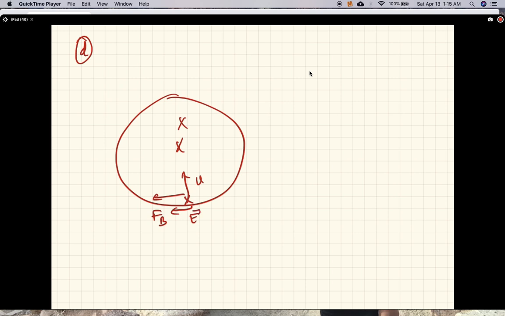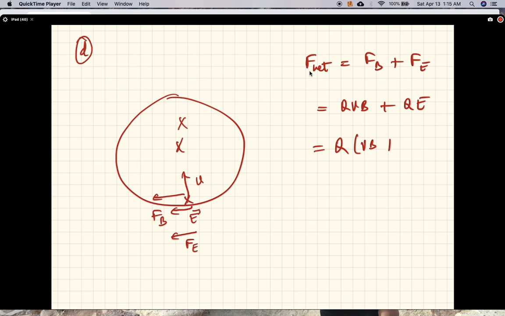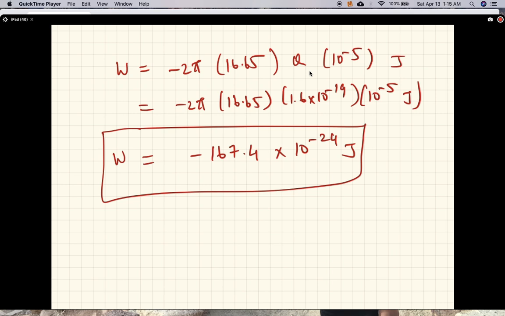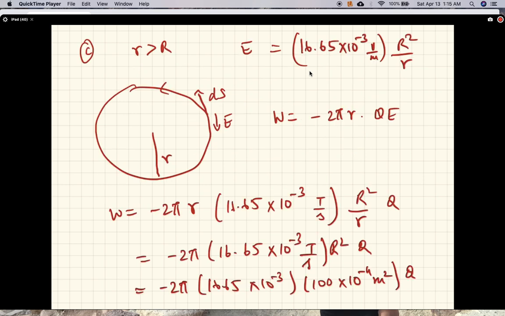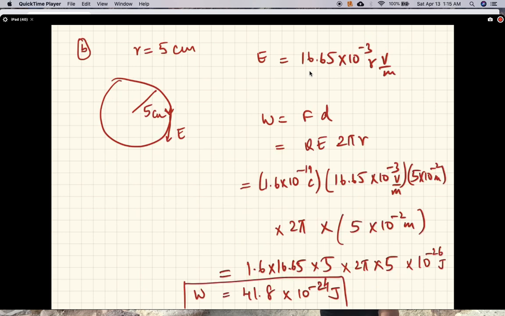So the net force is FB plus FE, and this is QVB plus QE, so QV B plus E. And since r equals R, we can use this expression for the electric field.